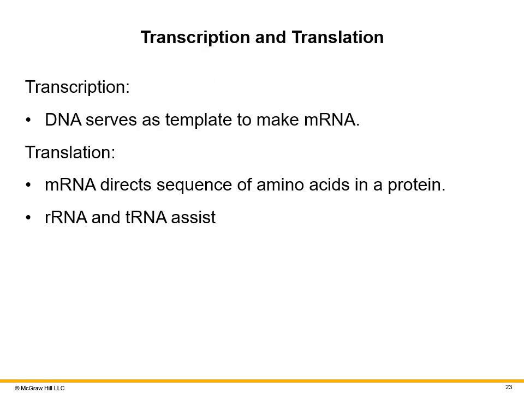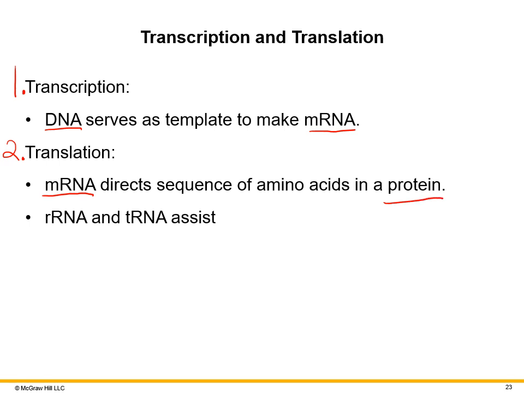Gene expression is going to be divided into two parts. The first part of gene expression is the transcription of the gene from DNA to an mRNA. The second part is called translation, where the mRNA is going to be used in order to build our protein.